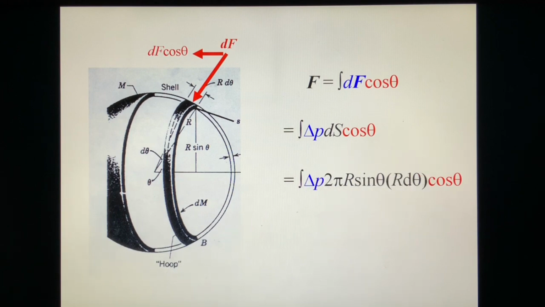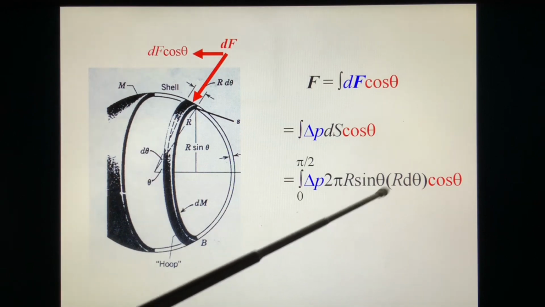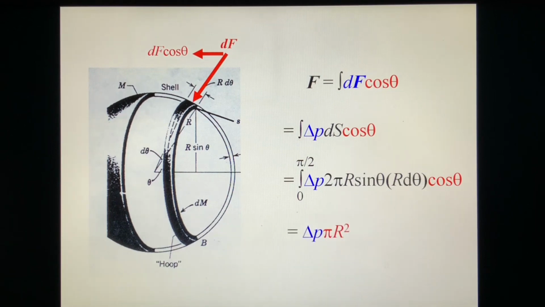And then theta goes from 0 to half pi. So that's the total force. This is very easy, sine and cosine. We get delta P pi r squared. It's very funny. This pi r squared is the maximum cross section, and delta P is the pressure difference.